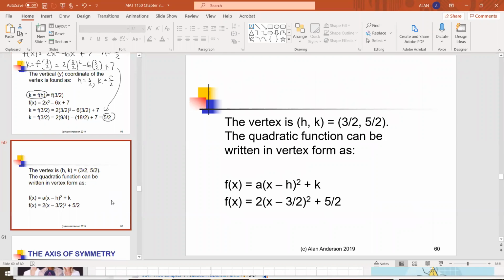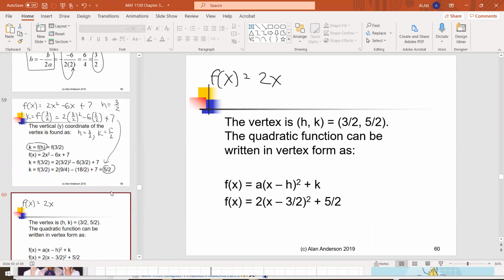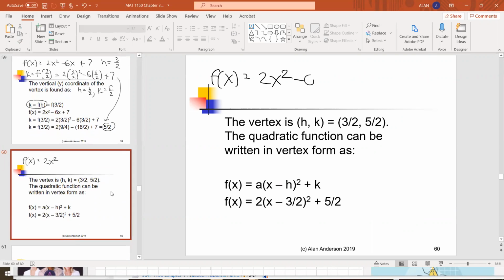Given that we're trying to create this function, now remember the original function, once again, I'll just remind you, 2x squared minus 6x plus 7, therefore a is 2. We need a for this. And h, we've already determined is 3/2, and we know that k is 5/2, so this is the final result.